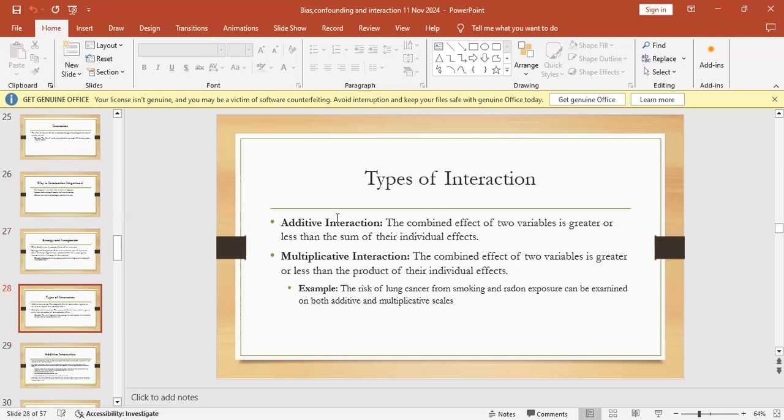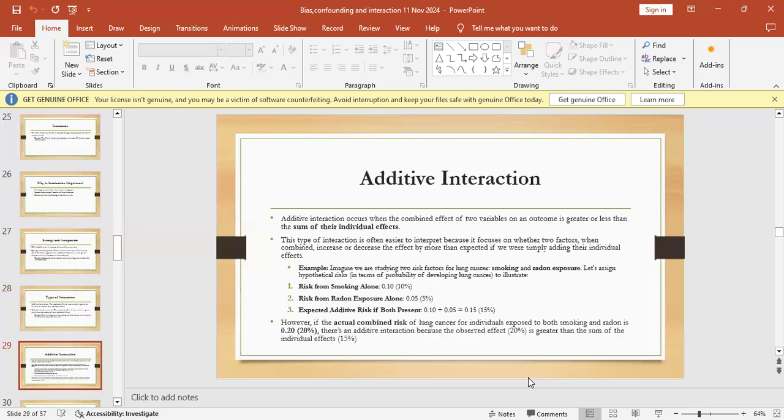So the basic difference is that in additive we sum up the individual effects of two variables, while in multiplicative we take a product, meaning we multiply them. For example, the risk of lung cancer from smoking and radon exposure can be examined on both additive and multiplicative scales.